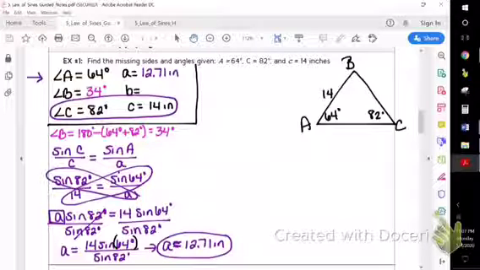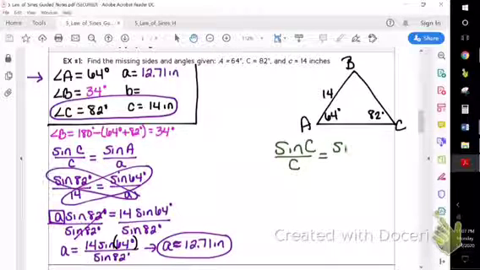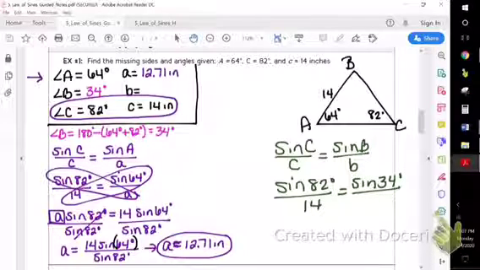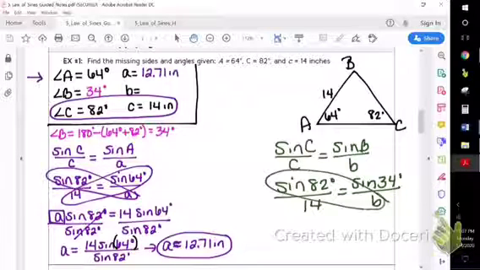Alright, so when I'm going to find side B, I'm going to go ahead and use what they gave us. So I'm going to use the information about the C's. So I'm going to take sine of C over side C, and it's going to be equal to sine of angle B over side B. So I'm going to fill in what I know. So sine of 82 degrees over 14 equals sine of 34 degrees over, we're looking for side B. So we're going to cross multiply and divide.